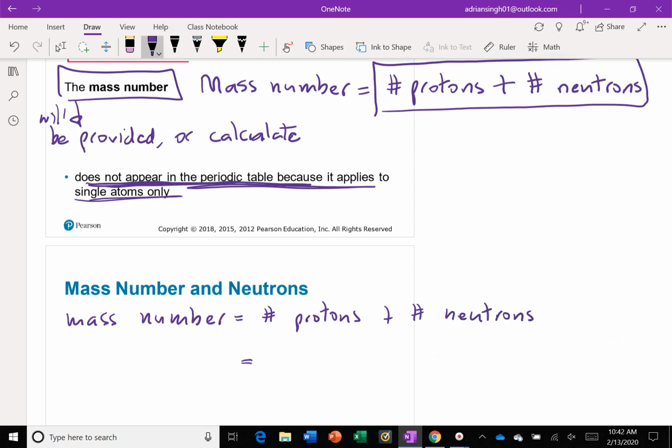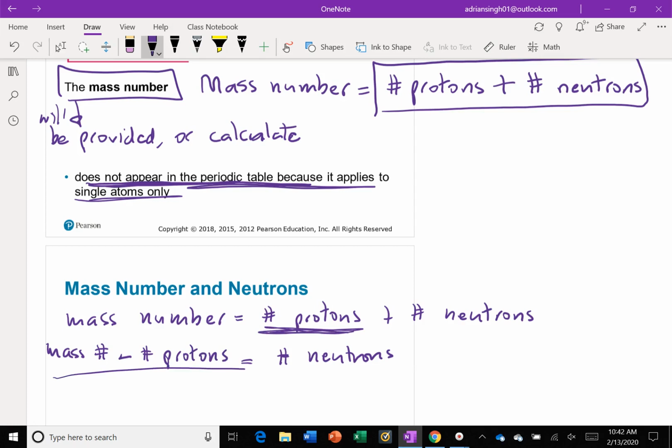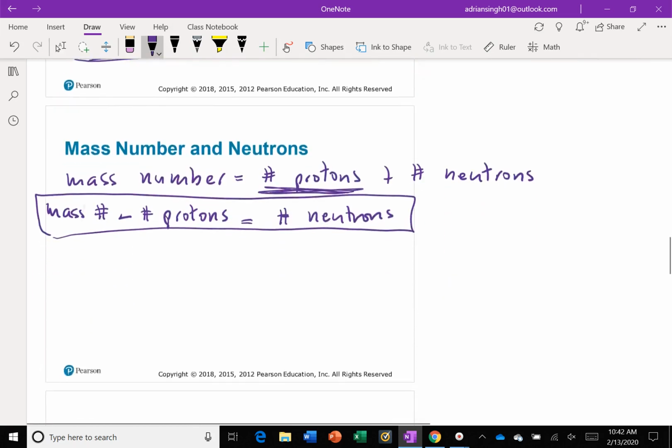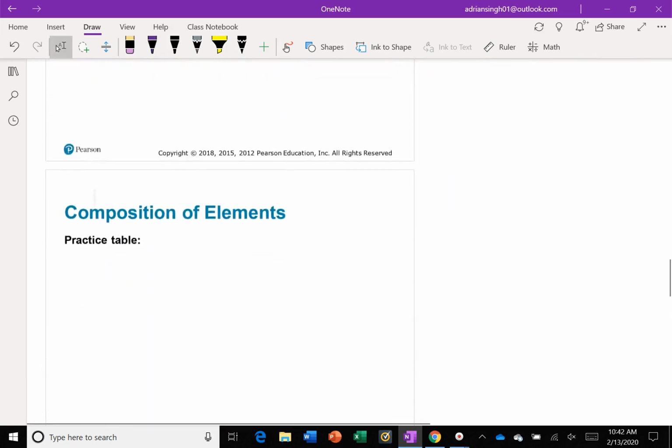Then we can rearrange that equation and say the number of neutrons is equal to the mass number minus the number of protons. I just move this over to the other side and change the sign to negative. So this is how we can calculate the number of neutrons. We take the mass number and subtract the number of protons that are present.